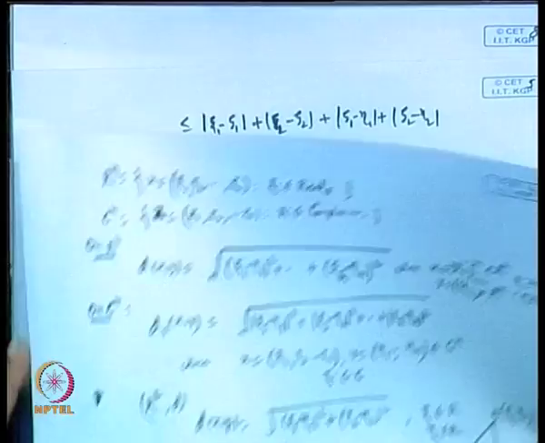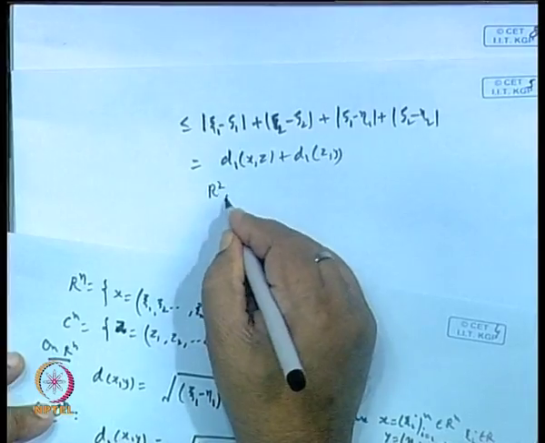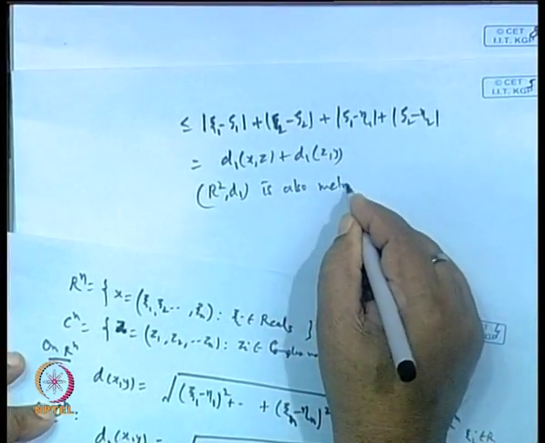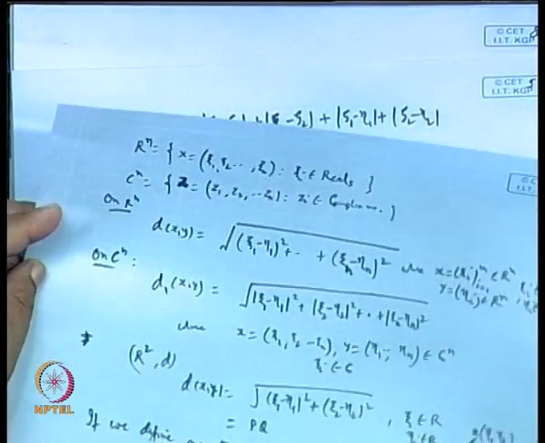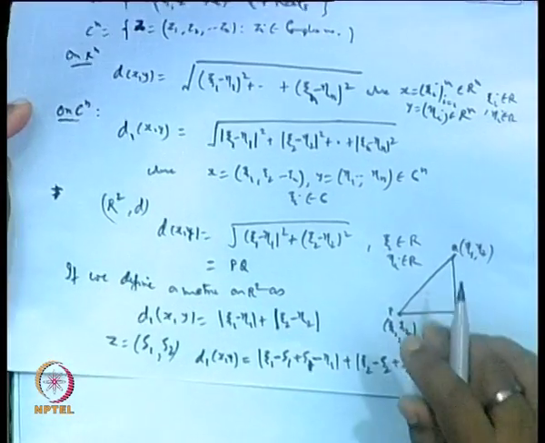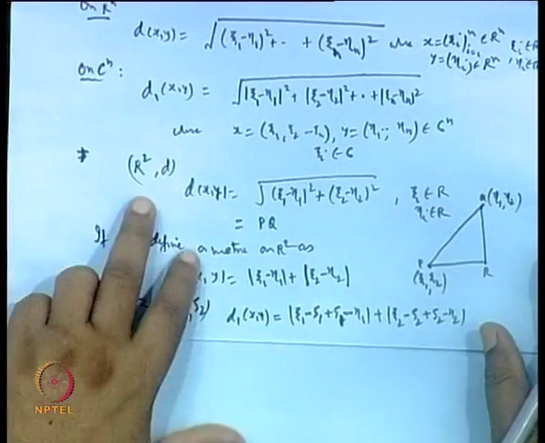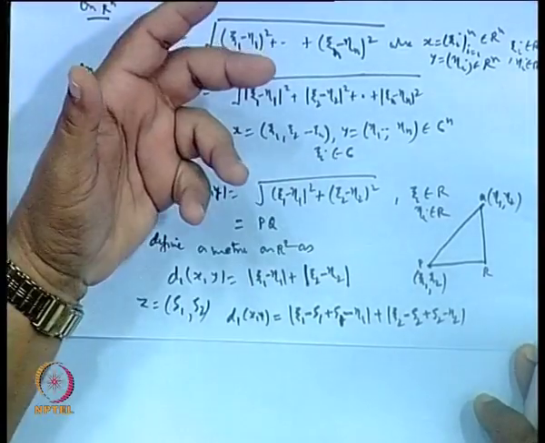Therefore, it also gives a metric on R2. So, R2 with this d1 is also a metric space. What we conclude is that on R2 we have two types of metric, that is, one can define on X a metric in more than one way.